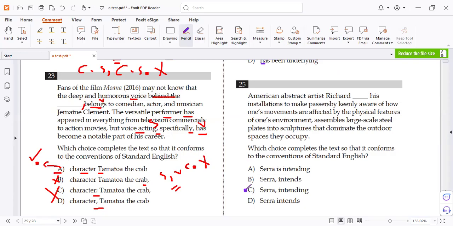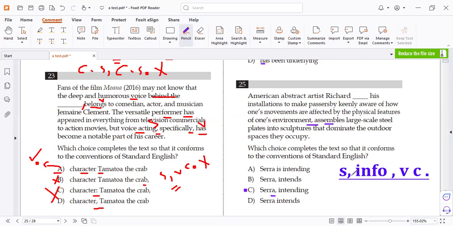In English, we have a structure like that: subject, comma, non-essential information, whatever it is, phrase or clause, comma, verb, complement, full stop. When you read too much, you will find American abstract artist Richard, comma, and then comma, and then verb.